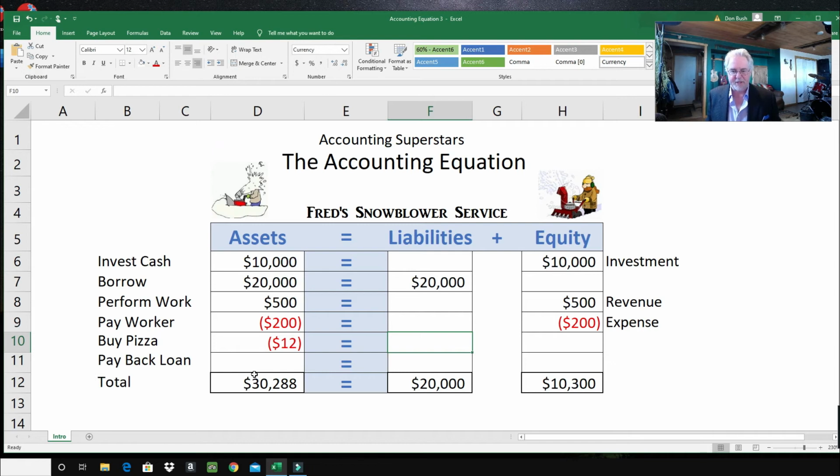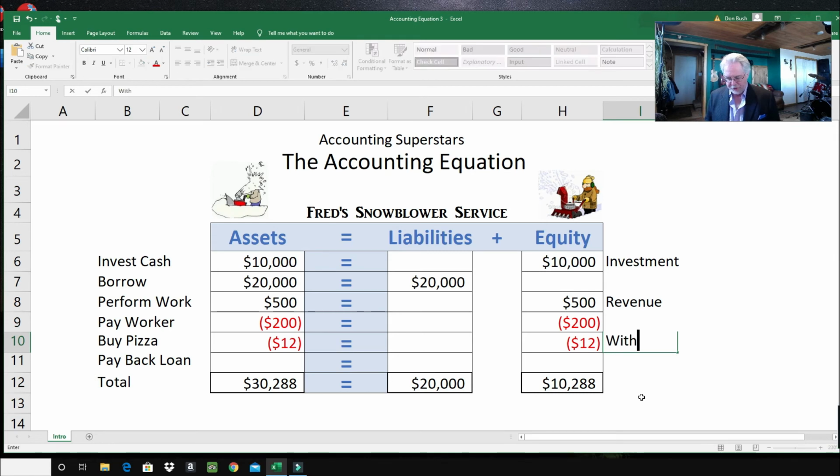He's paying it to the pizza place. The only other place for this to go is in equity, and it's got to be a negative $12 because we have to keep this accounting equation in balance. A negative 12 on the left, a negative 12 on the right. And what we're going to do is we're going to call this a withdraw. Fred is taking money out of his business for personal reasons.